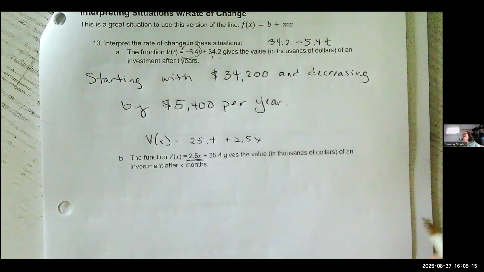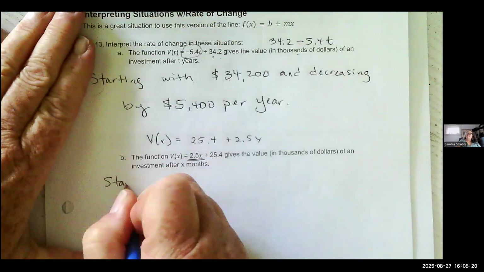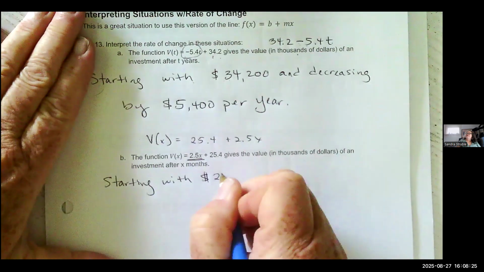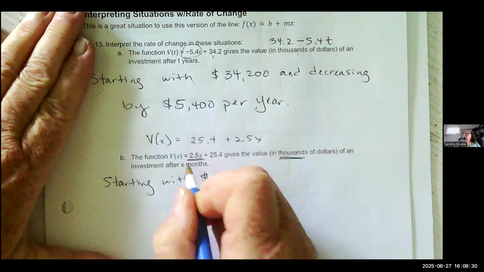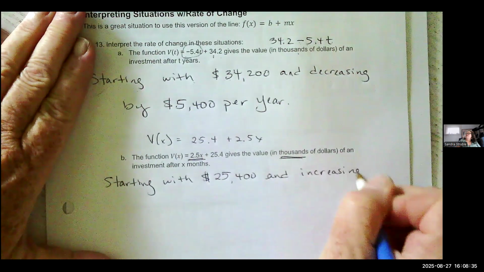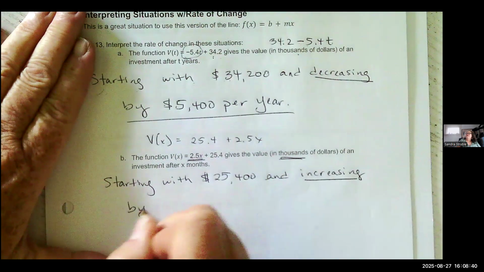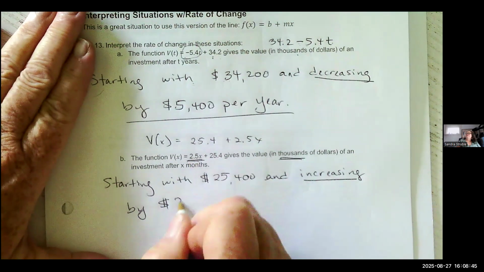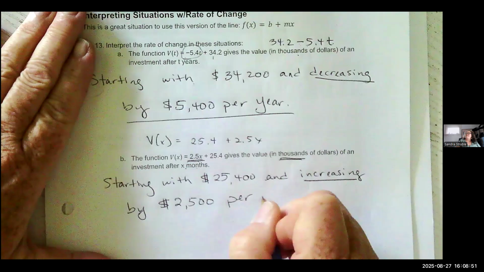So I'm going to do the whole thing. I'm going to say starting with $25,400, don't forget your dollar signs, $25,400 because this is in thousands, and it's increasing by, don't forget your dollar signs, $2,500 per what? x is months, per month.